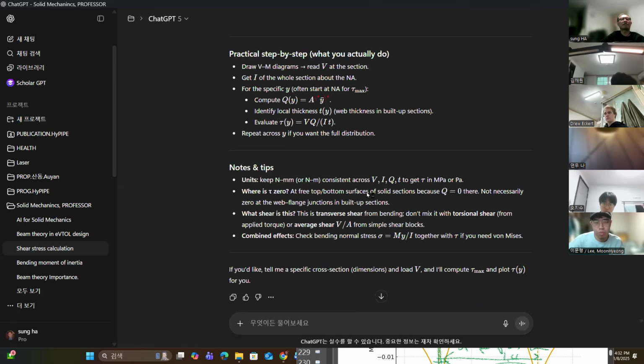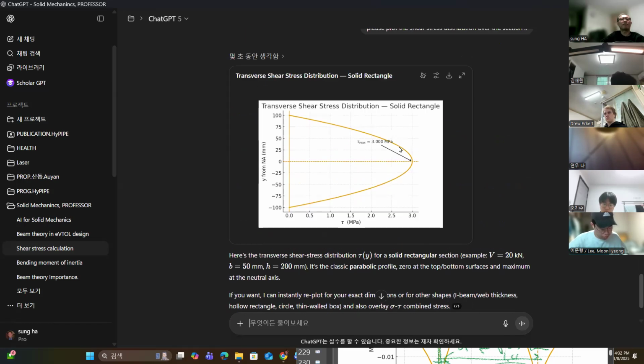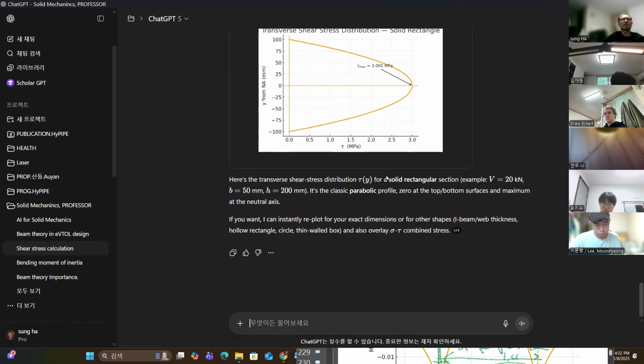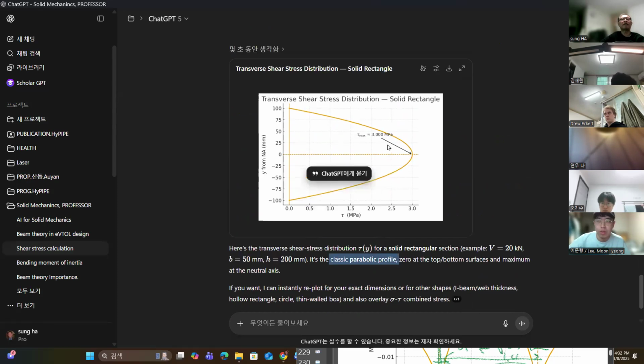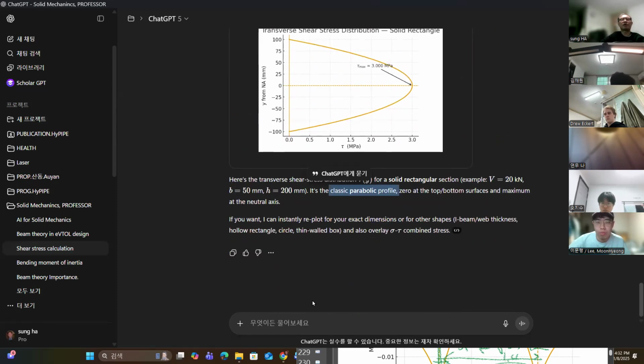Previously we had a certain magnitude, and that's why we get some value. But the point is that we have a maximum here, 3 megapascal. The value is not so important. The point is the parabolic profile, a second-order equation, which is also important.